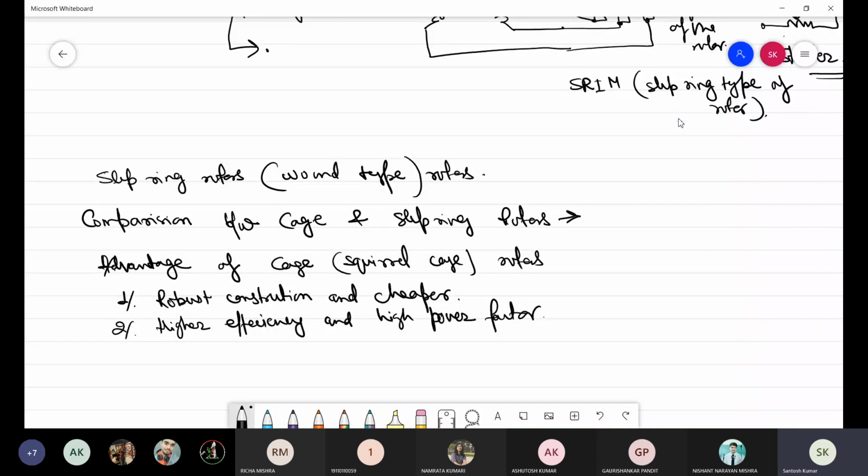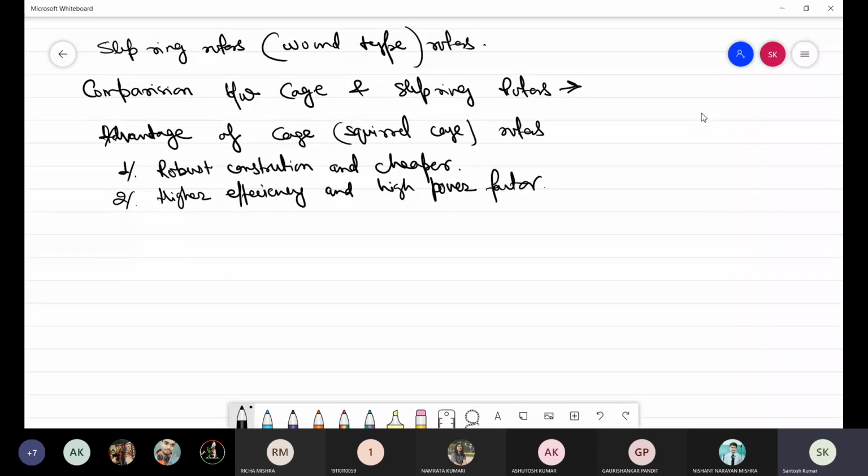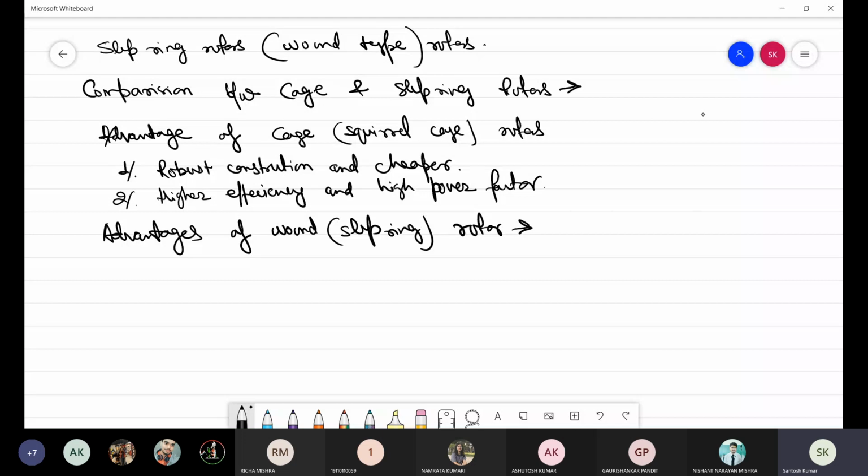Now the advantages of slip ring induction motor or wound type rotors. इसका क्या advantages है? First one is it has a high starting torque and low starting current.